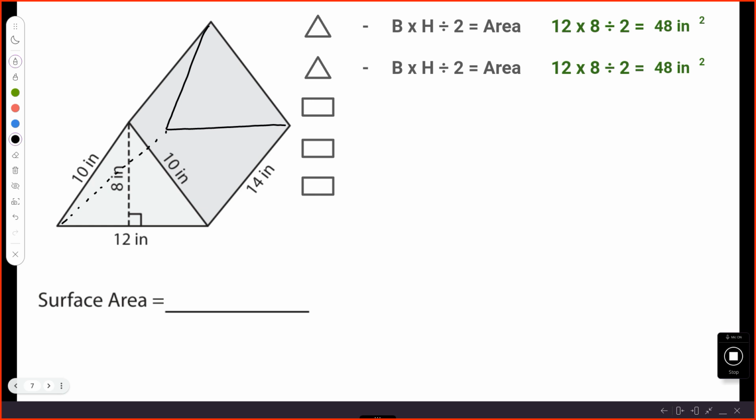The first one that we see and we know is this one, 10 and 14. So the base times height of that rectangle is 14 times 10, and that's going to be 140 inches squared. So we know that one.